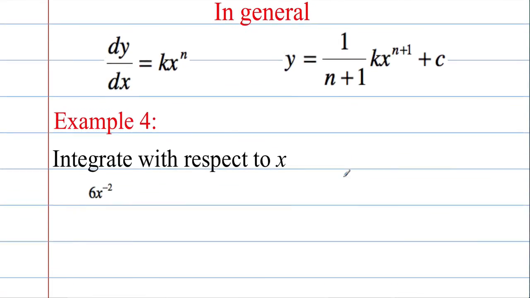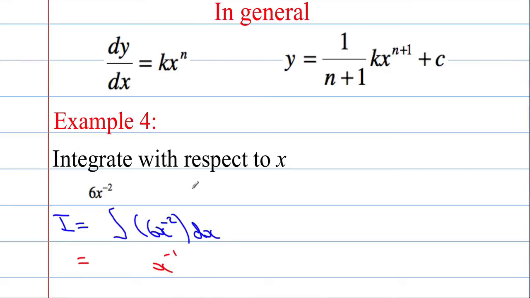Okay, let's try another one. So a little bit more complicated. You might want to pause the video and try it yourself. So we're integrating with respect to x. So I is going to equal the integral of 6x to the negative 2 with respect to x. And that's going to equal. Now, just to make life a little bit easier at first, I'm going to deal with the power. So I'm going to end up with x, increase that power by 1, x to the negative 1.